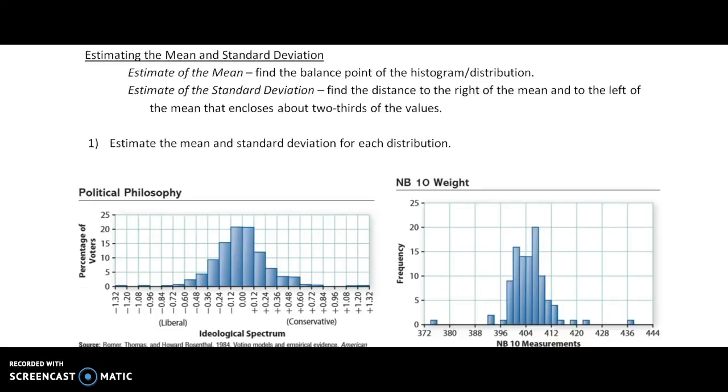So you want to find that balance point. To estimate the standard deviation, here I am looking right here. We want to find the distance to the right of the mean and to the left of the mean that encloses about 2/3 of the values. So we're looking at enclosing 2/3 of the values. Okay.